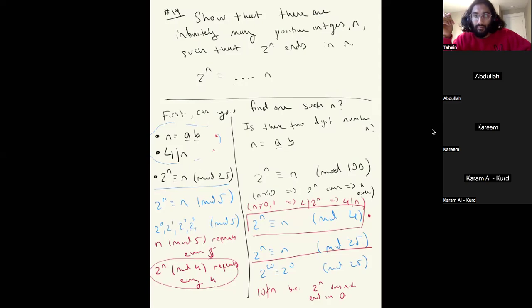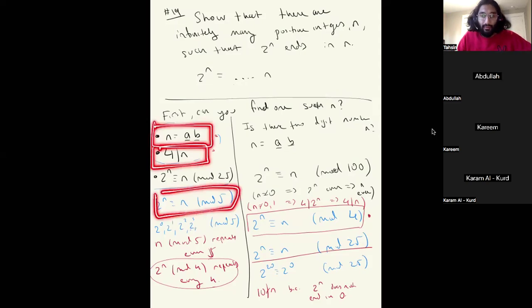Remember, I'm looking for n that satisfy the property n is 2 digits, n is divisible by 4, and this. Since n is divisible by 4, 2 to the n is actually fixed.